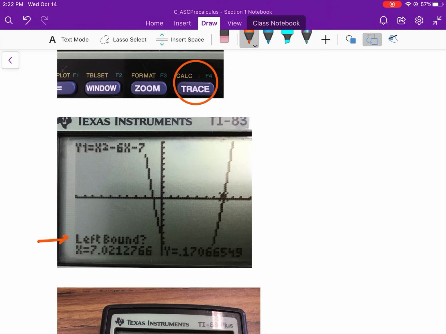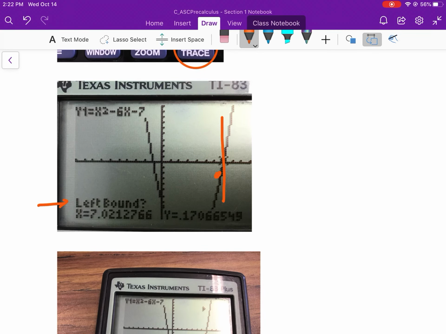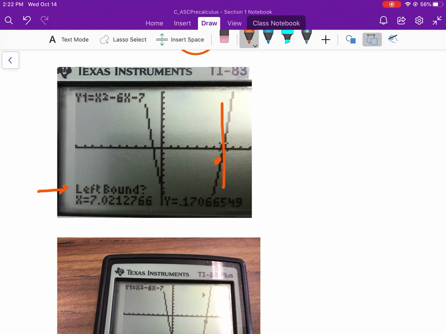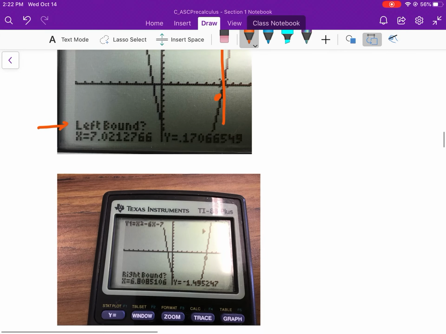I took this picture after I already did this question. If you imagine this is the x value for your root, you want to be to the left of that, somewhere down here in the negative zone. Your cursor is sitting at the answer right now only because I did this right after class. So you move your cursor so it's below the x-axis, and then hit enter.